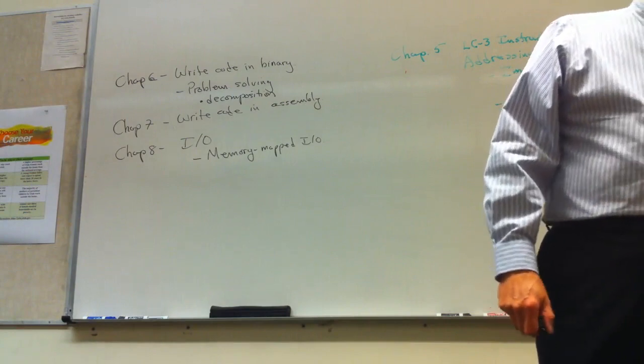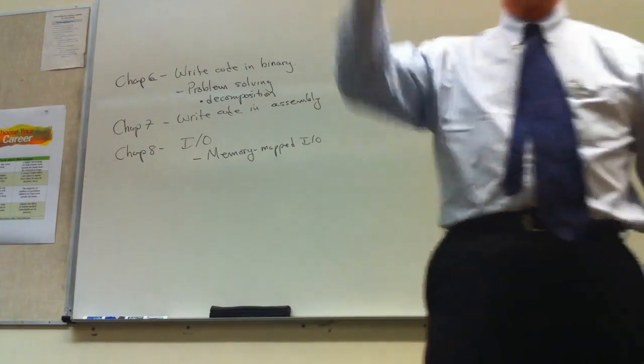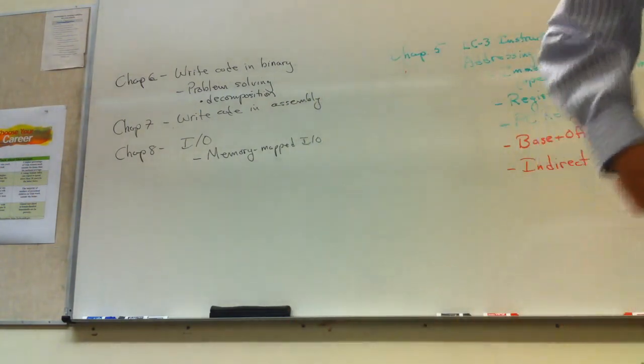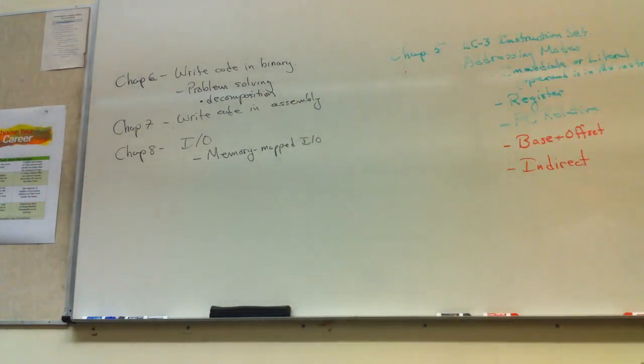If you have some questions, I will try. You can tell my voice is going this direction. Are we going to have to know the address numbers for the DSRs? No, Chapter 8 really isn't even on the test. Anything else? Can you give us an idea of what we might have to program?